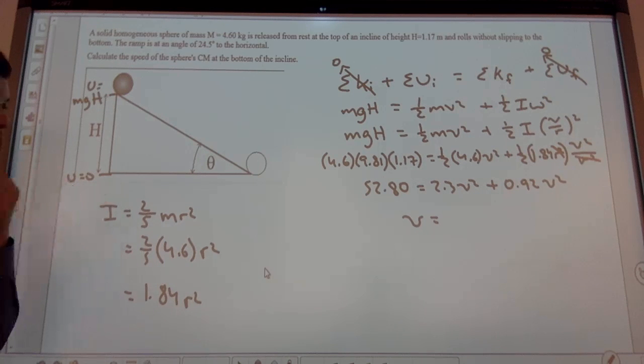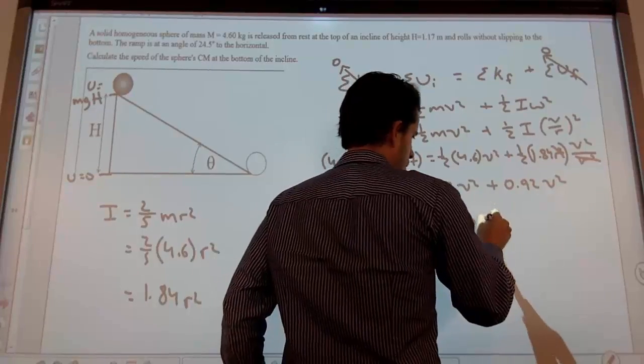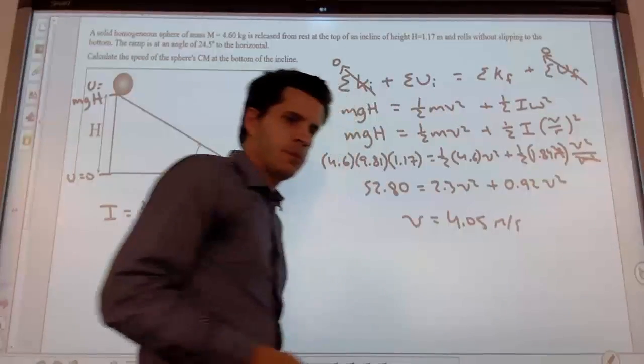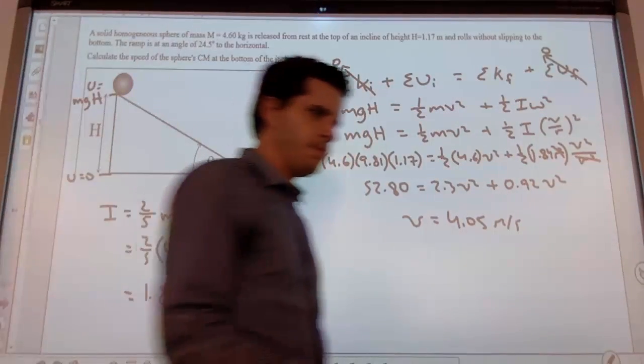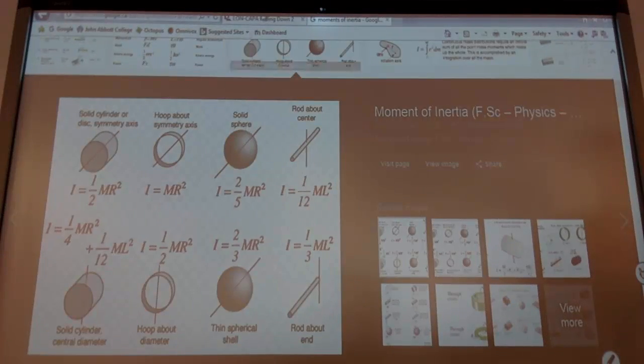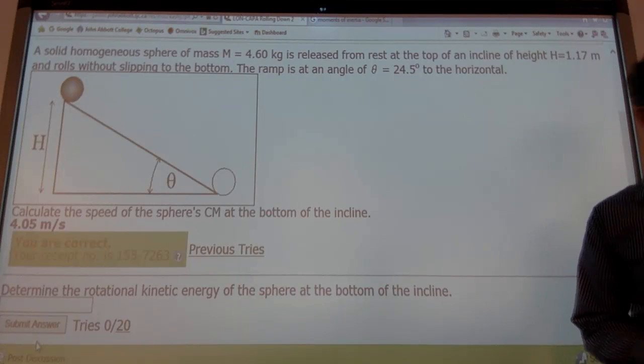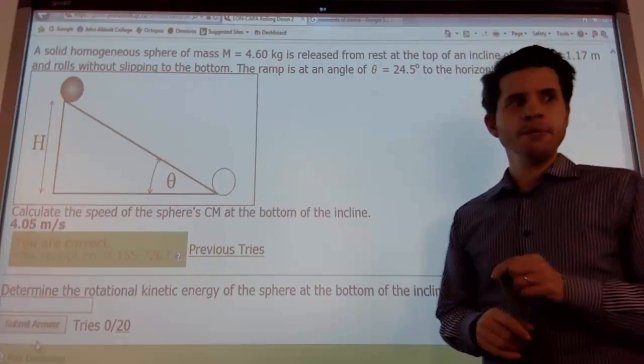And take a square root at the end. 4.05. You get that as well? Let's see if we get the right answer. You got 4.05? So we're probably right. Calculate the speed, put our units, and that's it. That makes sense?